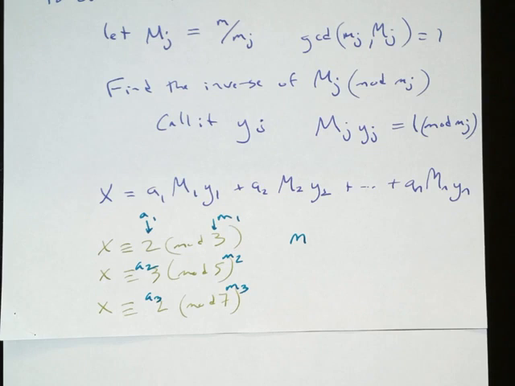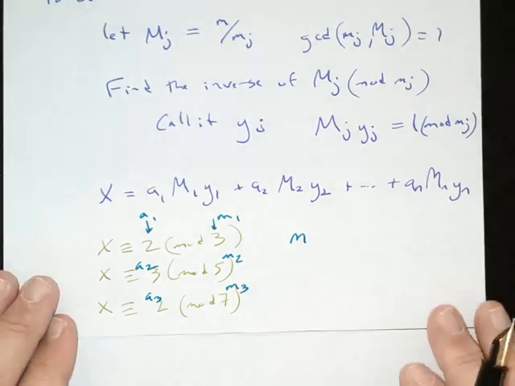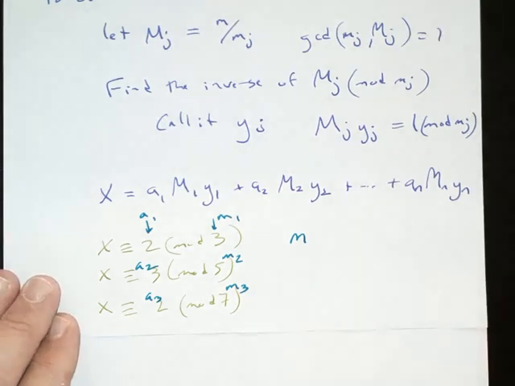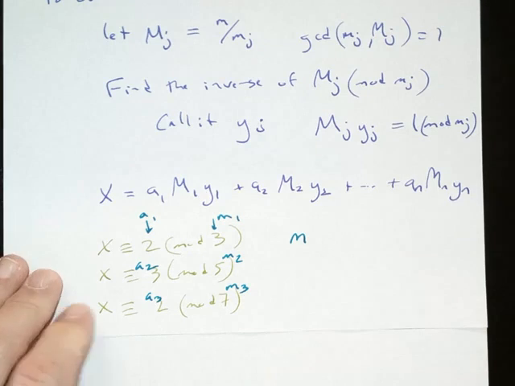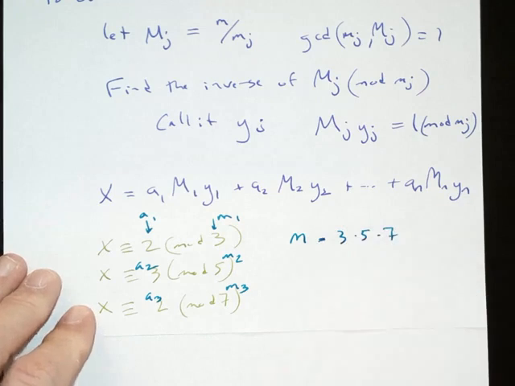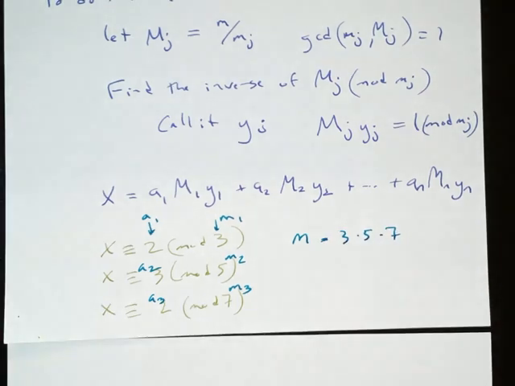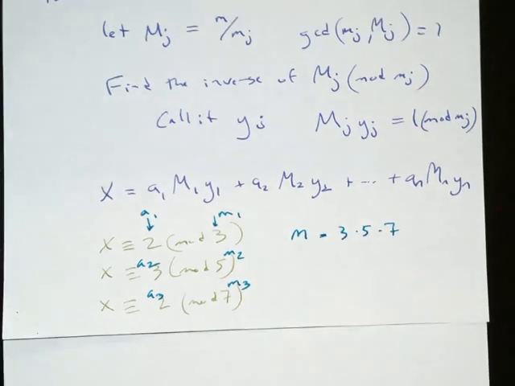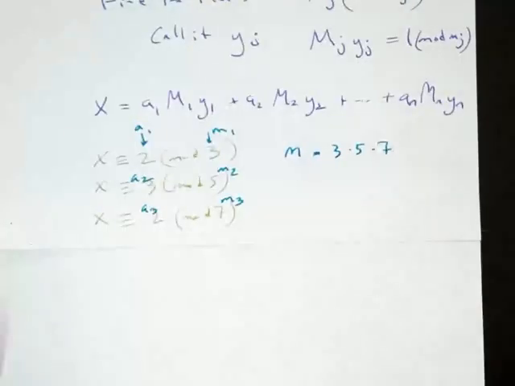Cody? Is it M1 times M2 equals M? Right, but I only have three of them, so it'd be M1 times M2 times M3. What's 3 times 5 times 7? Y'all will need a calculator for this problem. 105.